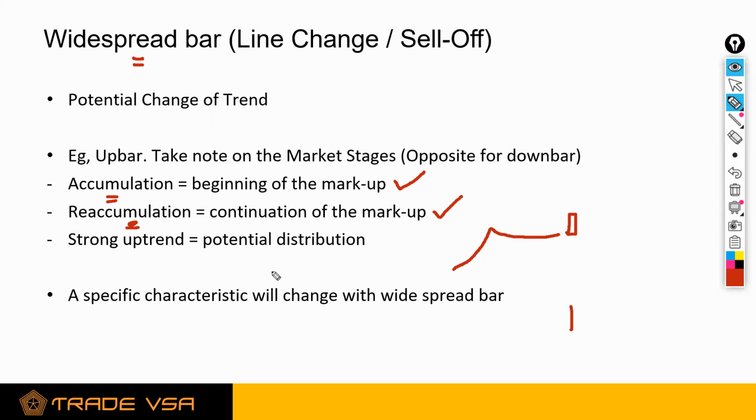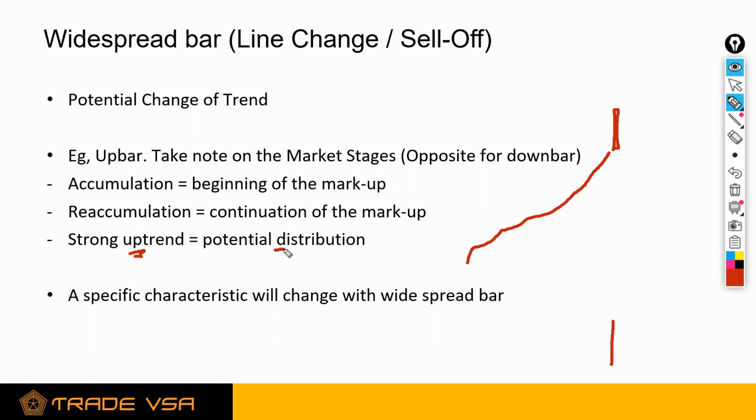So if you already see the stock having a very strong uptrend momentum, going up nicely, and suddenly there's one widespread high volume bar, you need to be careful of potential distribution.